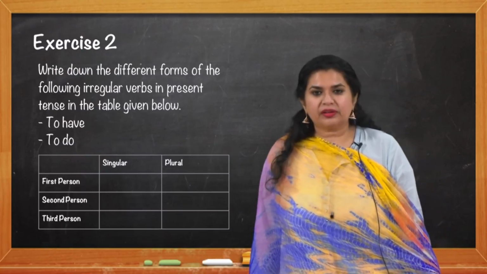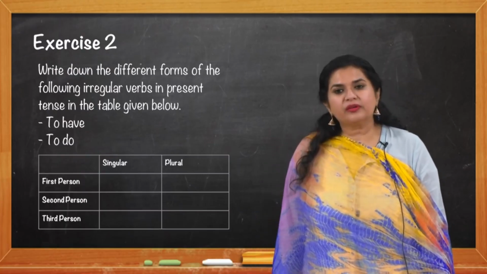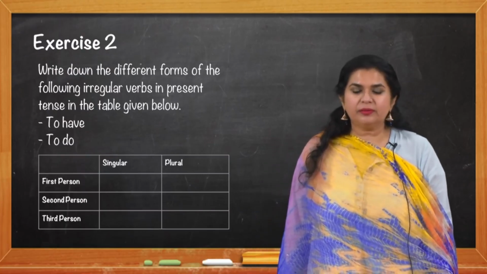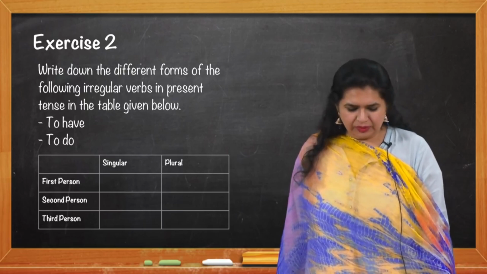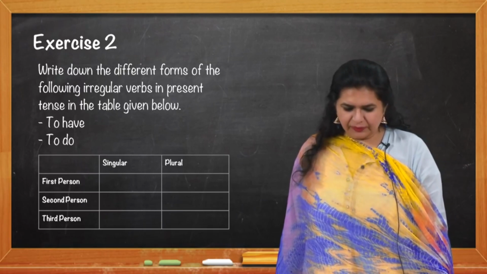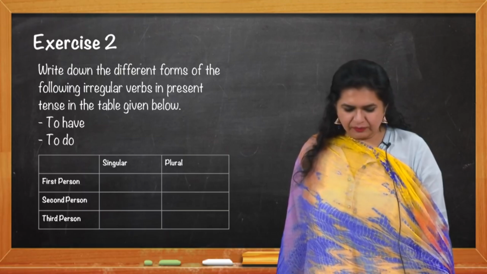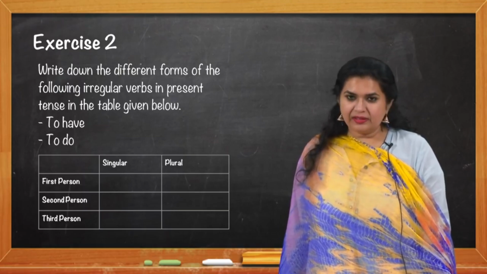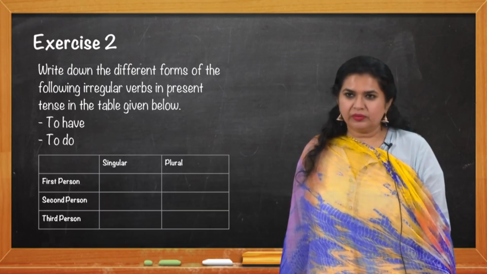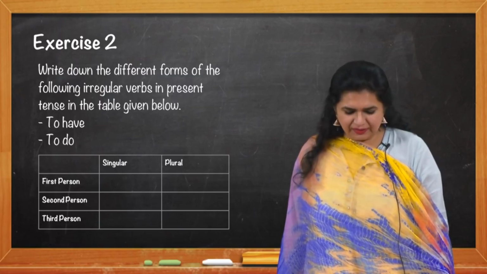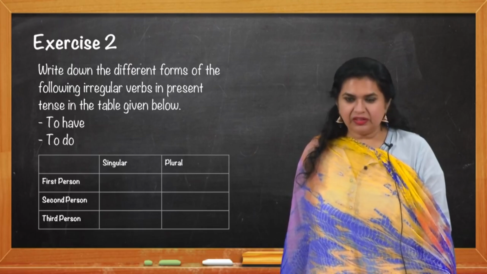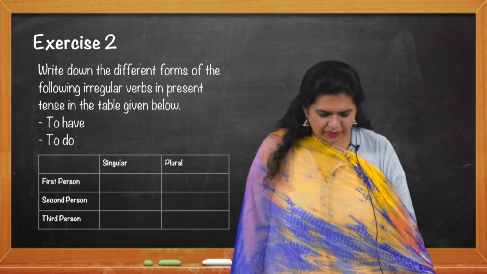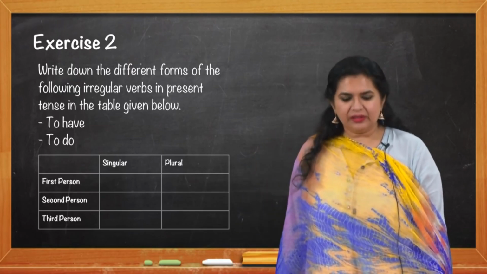Exercise 2: write down the different forms of the following irregular verbs in present tense in the table given below. To have, to do. For first person, second person and third person, you have to write for I, you, he, she, it, they, looking at singular as well as plural.